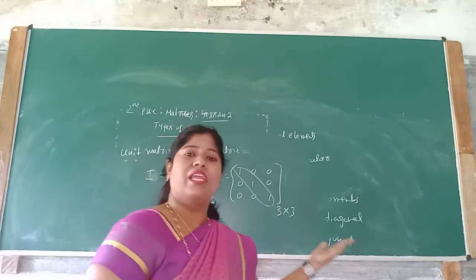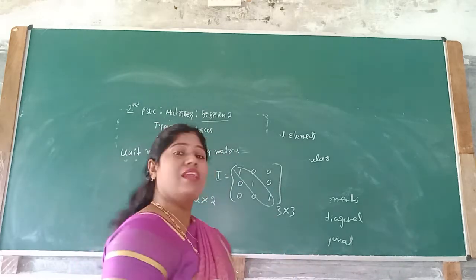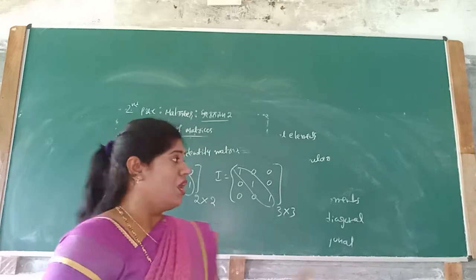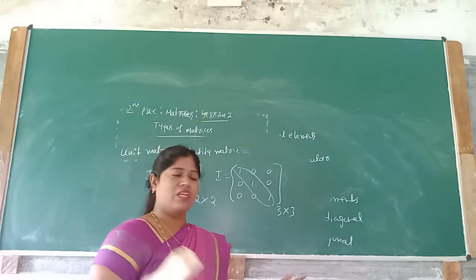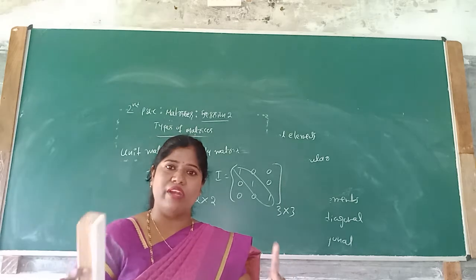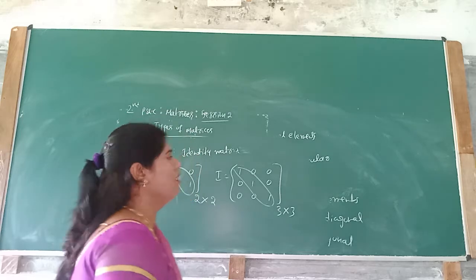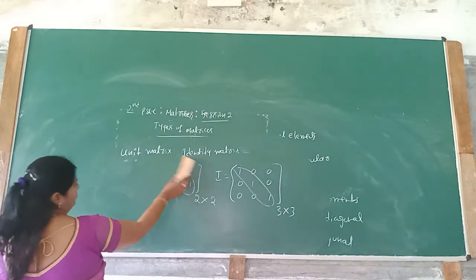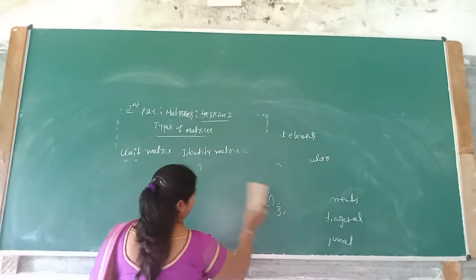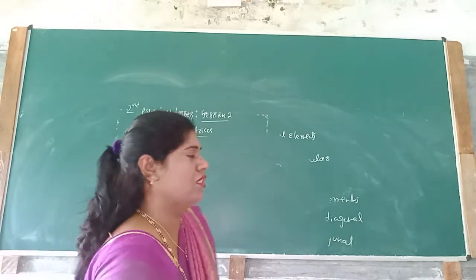It should be the same, the diagonal elements should be the same and the other elements are zeros. But in a unit matrix, each diagonal element should be equal to 1 only. Then it is called a unit matrix or identity matrix. Next one is zero matrix.